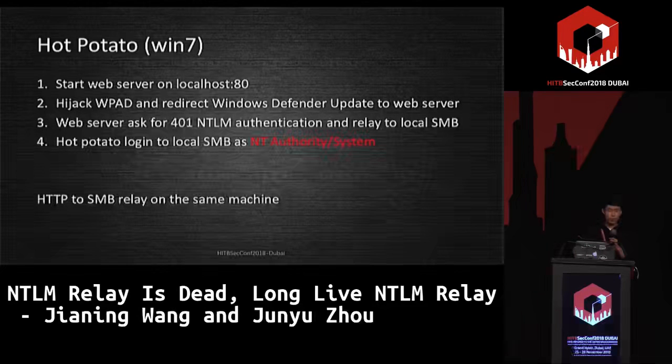The web server will ask for 401 NTLM authentication and will relay the credentials to the local SMB server. So the Hot Potato exploit can log into local SMB as SYSTEM. So this exploit can be used for privilege escalation.